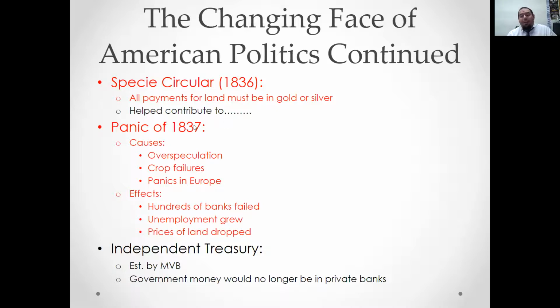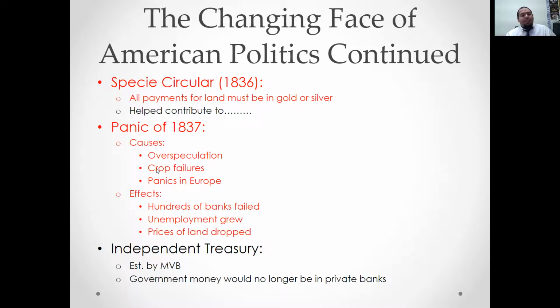That's going to help contribute to the Panic of 1837, probably the worst panic of its time until the Great Depression. Again, remember, as I said in the last lecture, anytime you see a panic, it usually has to do with overspeculation, buying something in hopes that it'll sell at a higher price later down the road.